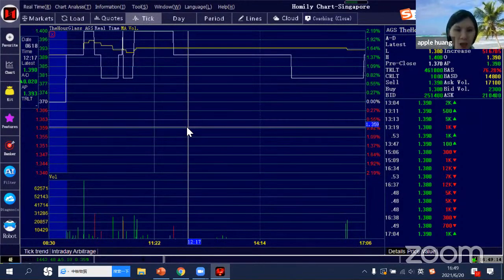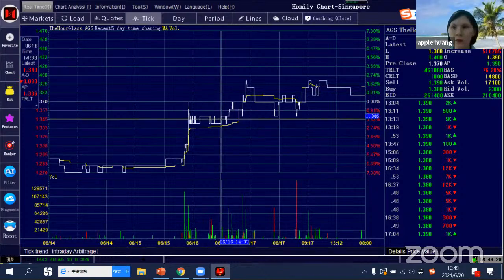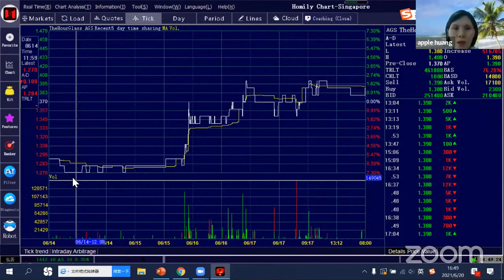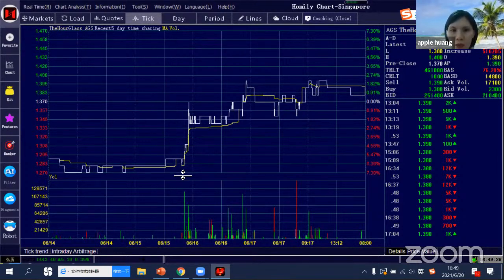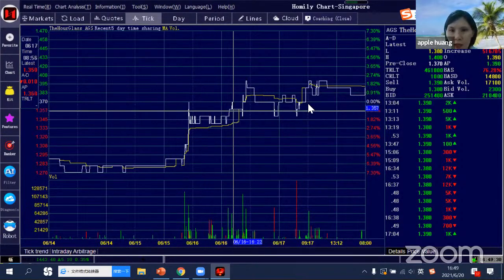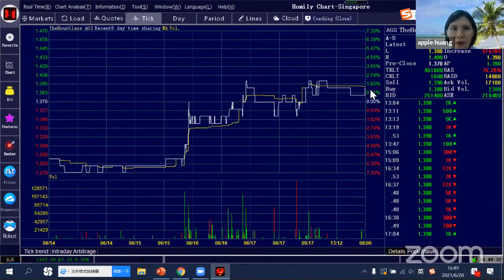But if we press ALT 5, you will see the trading details for the last five trading days. Do you know how I came to this chart?